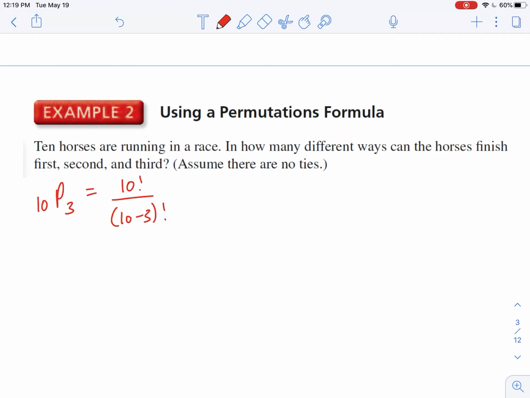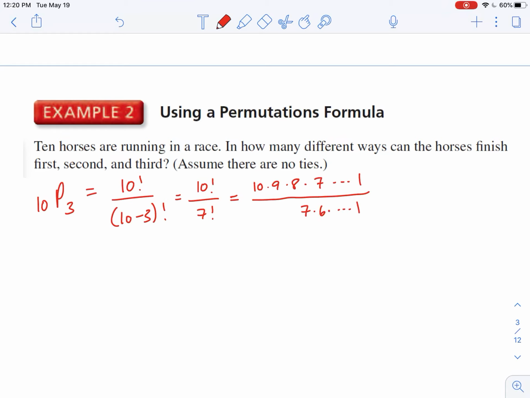Now the reason why factorials are kind of nice to work with is it actually makes for some easy arithmetic. So I'm going to rewrite this again, 10 factorial over 7 factorial. Now some people will say easy arithmetic is not anywhere close to what this is. It's actually very tedious, but if we write this out, and we're not going to do this all the time, 10 times 9 times 8 times 7, and then dot, dot, dot, down to the number 1, the denominator is going to look like that as well, 7 times 6 times all the way down to 1.